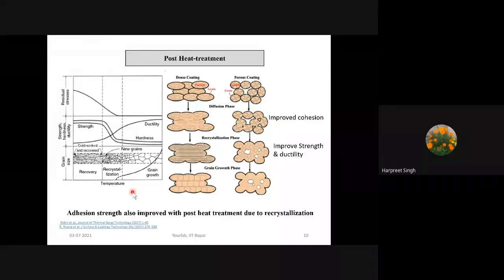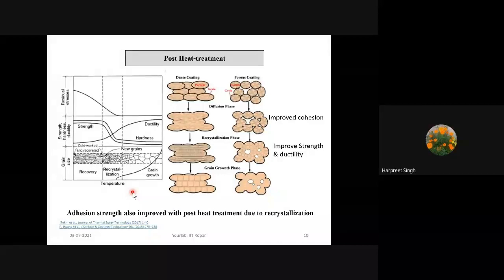And that can be improved, of course. Porosity will also come up when we don't have heat treatment and so on. But when we do heat treatment, we know from our basic understanding that we can have better adhesion.